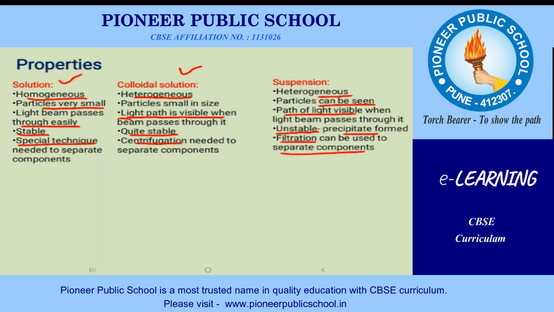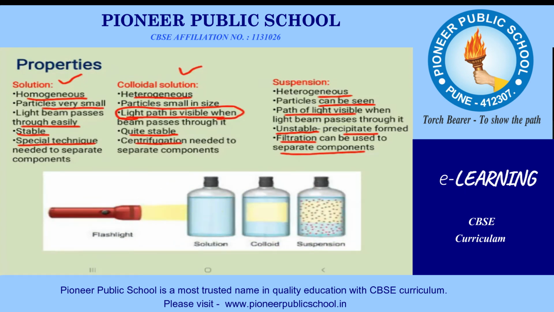Now, students, let's have an example of the concept related to the light path visible when a light beam passes through the solution. Here you can see a flashlight, and we have a solution, a colloidal solution and a suspension in three different containers. Now when we use the flashlight, it passes through the solution.